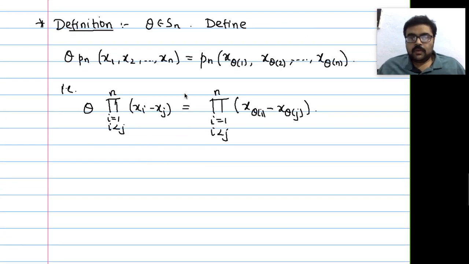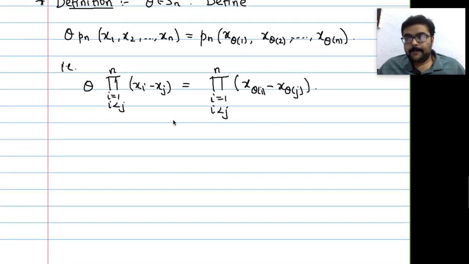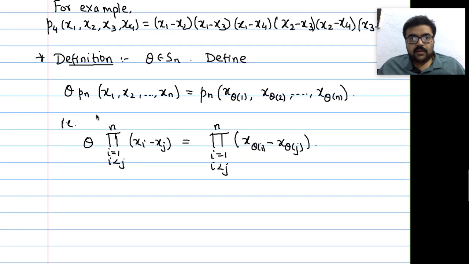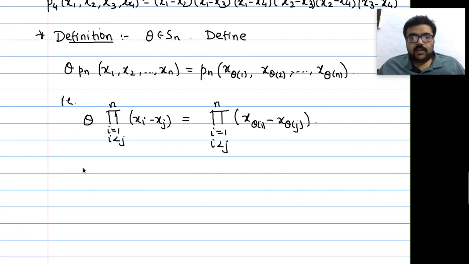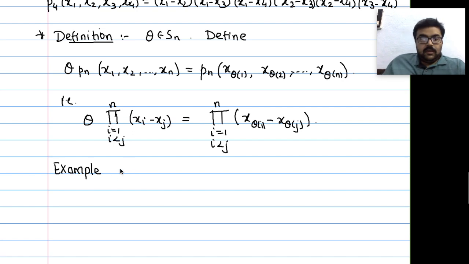So take a polynomial with 4 variables, and let us take theta as an example. Take 1, 2, 3, 4.